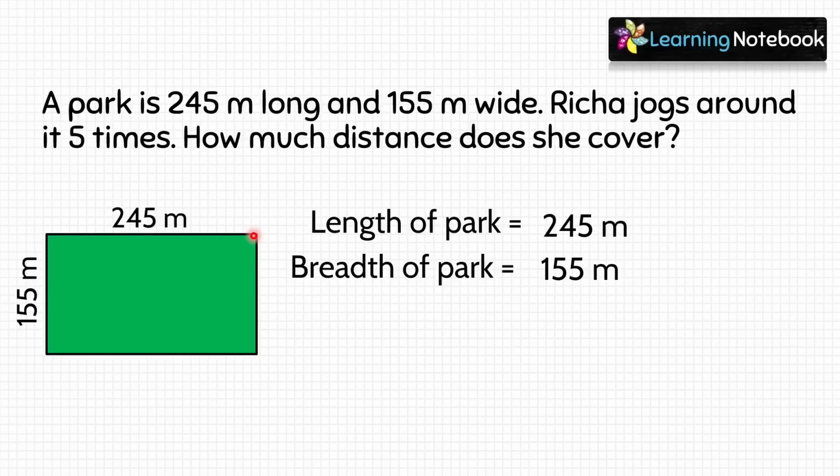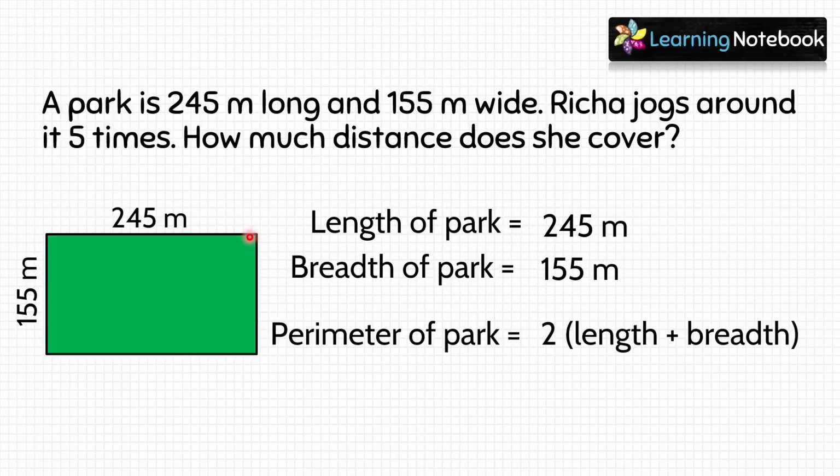And since we are given with length and breadth of the park, so we will use the formula to calculate perimeter of a rectangle, which is equals to 2 into length plus breadth.